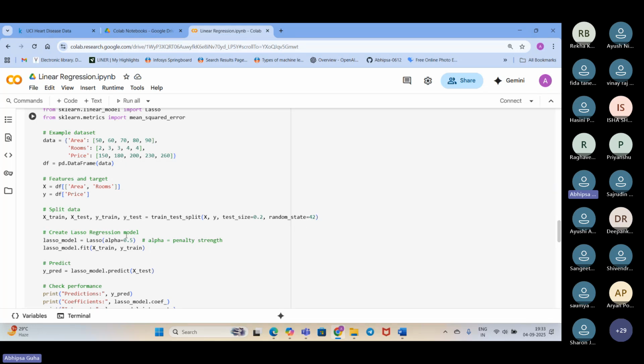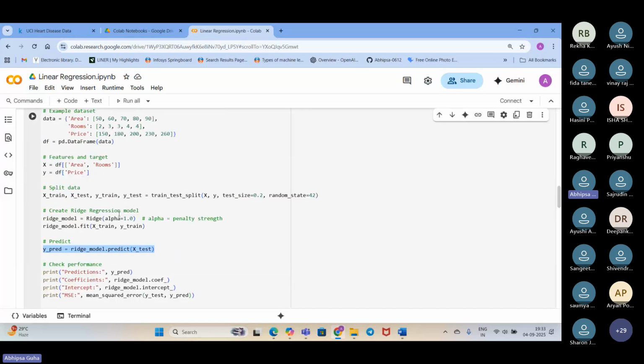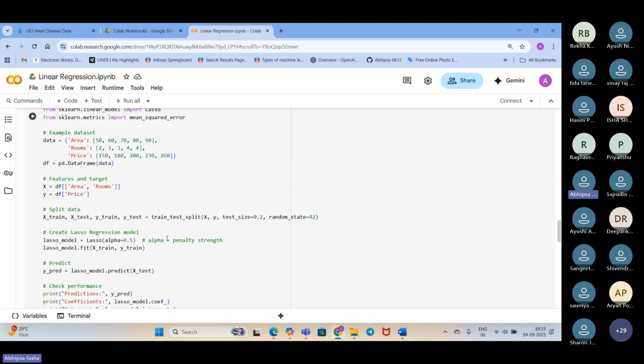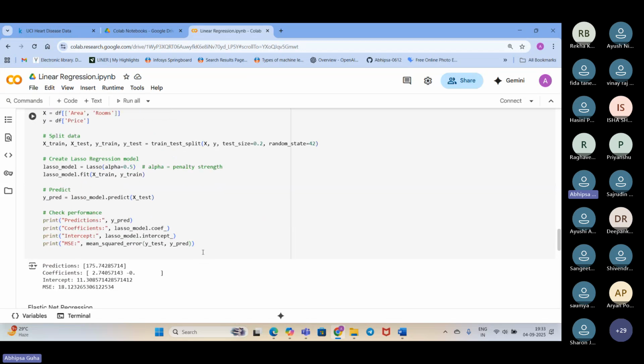Now we created this lasso model. Here we have taken the alpha value as 0.5. Previously we had taken it as 1. That is based on our choice. Now we have fitted it, gone ahead with the training part, and this is the performance checking part. So here it has printed the values like this.